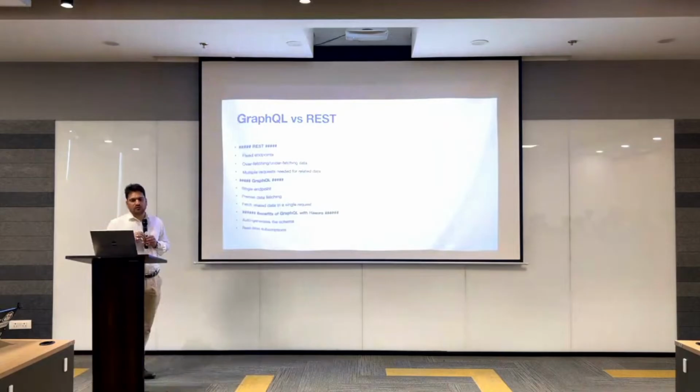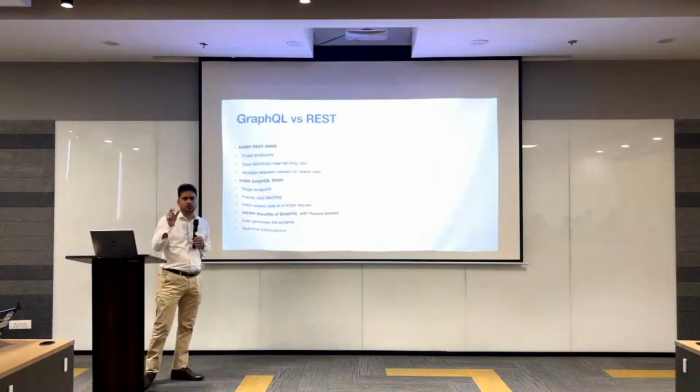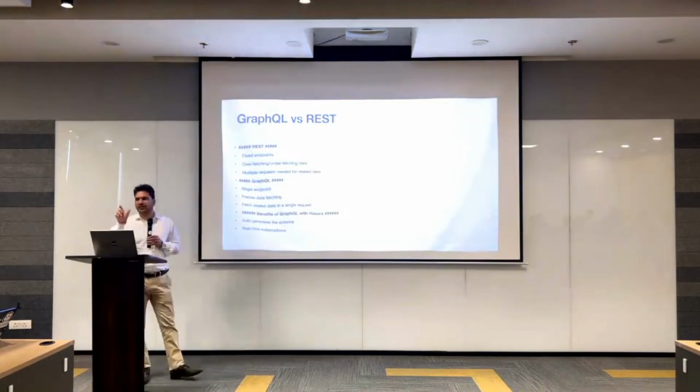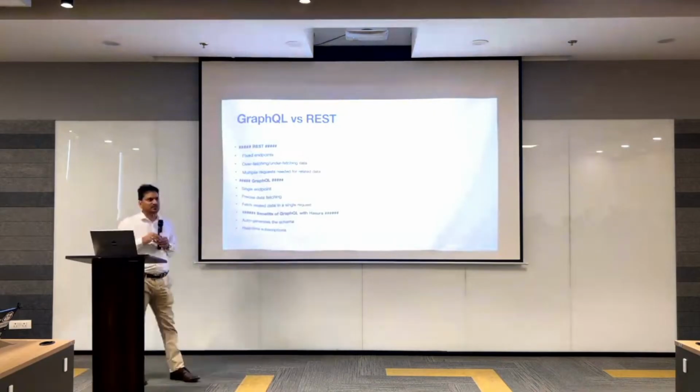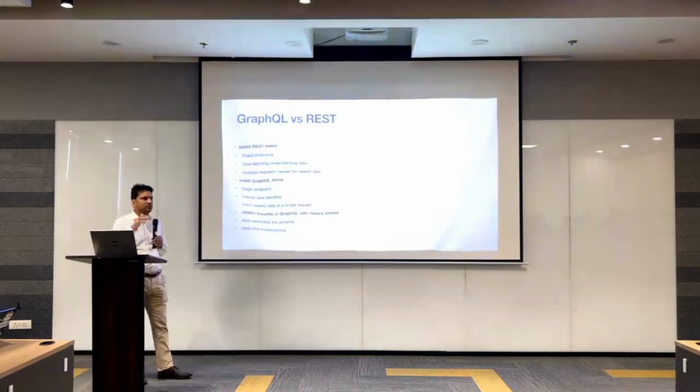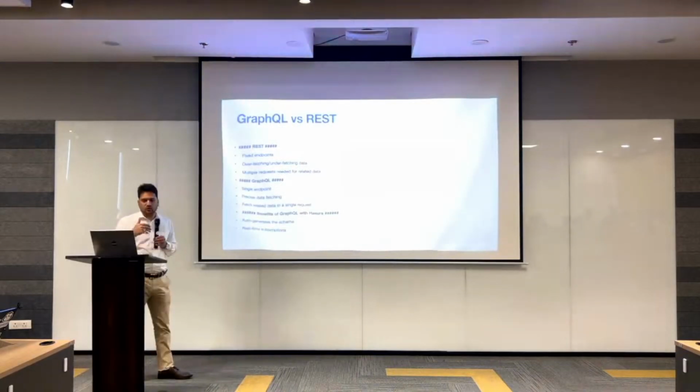Now, GraphQL versus REST. A REST API has a fixed endpoint. If you have an endpoint like some URL, then slash users, and then slash some ID or list users, you create a lot of endpoints in REST, and each endpoint will give you a fixed output. And it could be overfetching or underfetching.